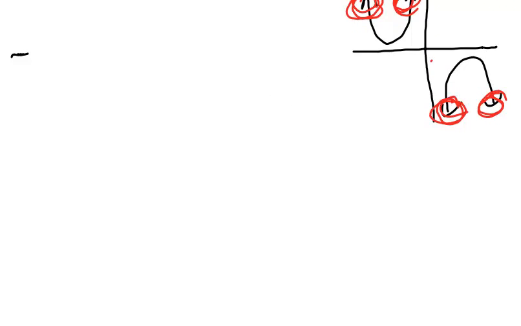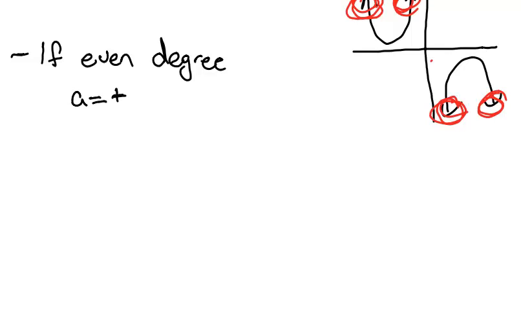The first rule is, if we have an even degree, meaning 2, 4, 6, 8 as our degree, like we just talked about on the previous examples, finding the degrees, if the degree is even and we're looking at the leading coefficient, a, and a is positive.